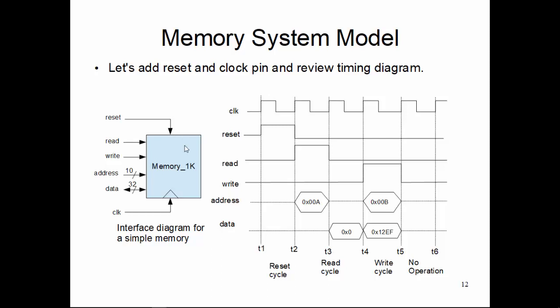If you think of a memory as a table with multiple rows, each row storing some values, if reset is set to 1, all the rows become 0. So that's the function of the reset.